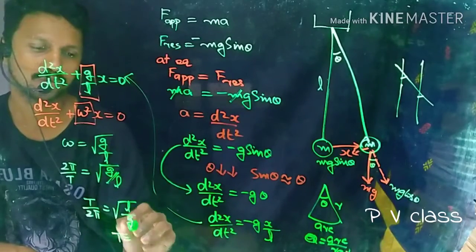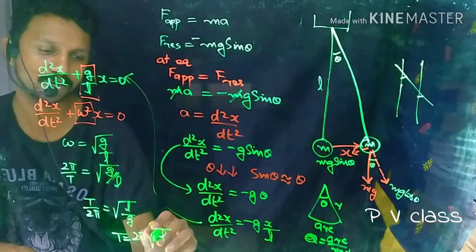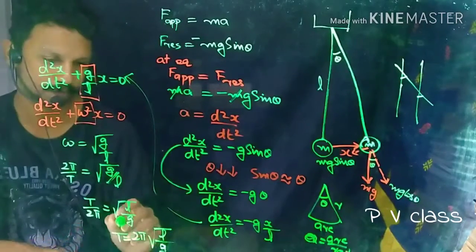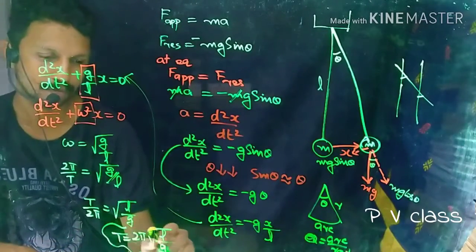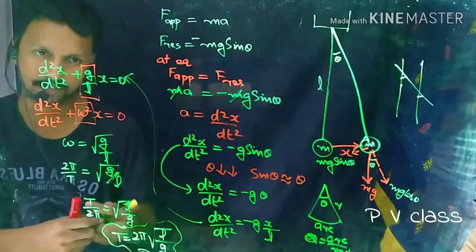T is equal to 2 pi root of L by g. This is the mathematical expression for the time period of a simple pendulum.